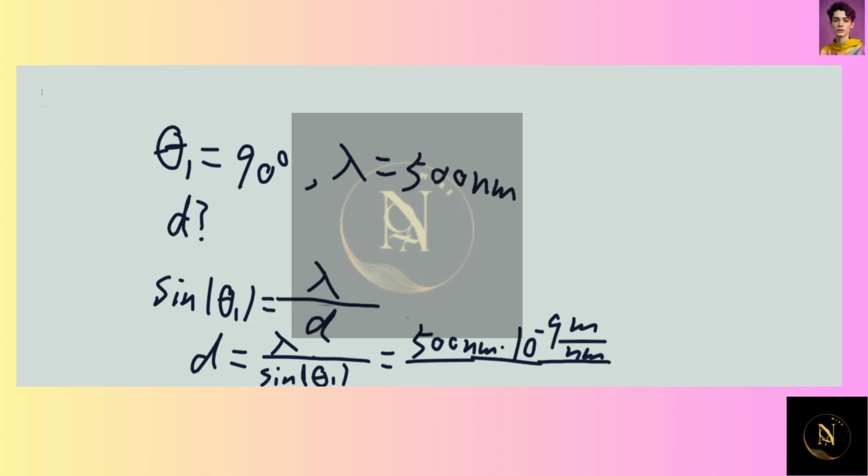And sine theta 1 is sine 90, which is 1, so there's 1 in the denominator. That will give us 5 times 10 to the negative 7 meters, and that's the length of the window we're looking for.